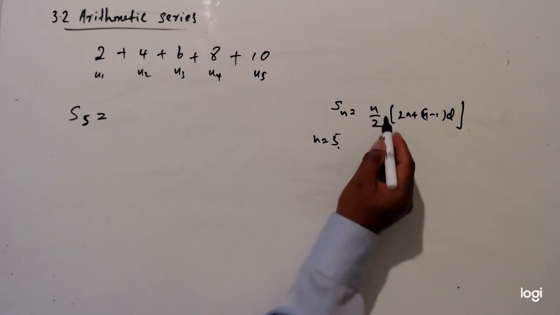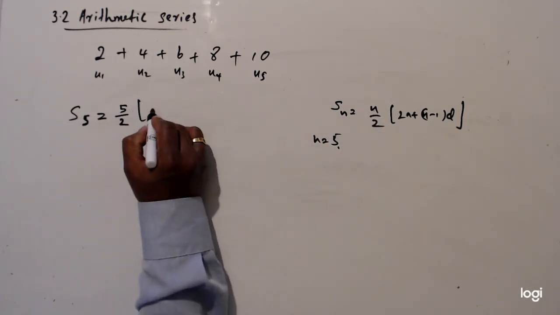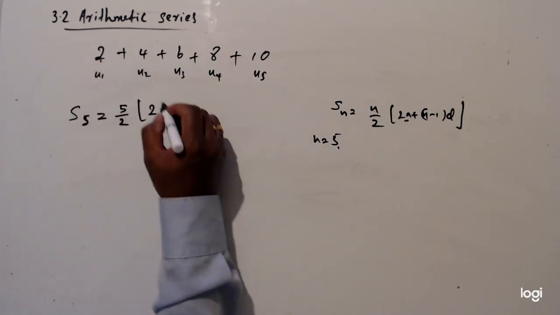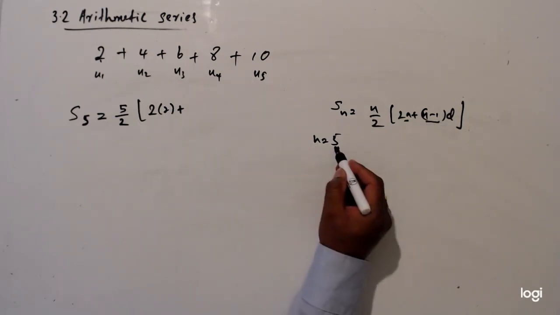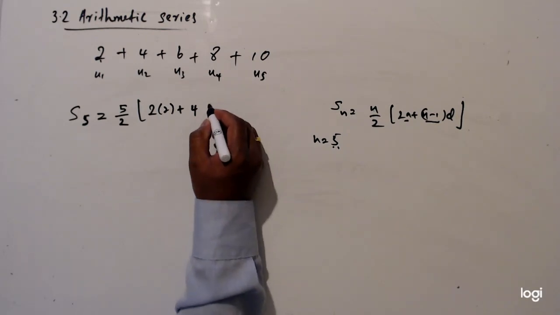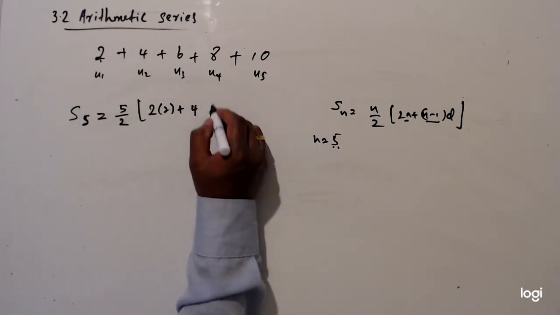So S5 equals 5 divided by 2, 2 times a, the first term, which is 2, plus n minus 1, where n is 5, that is 5 minus 1, 4, and d is 4 minus 2, which is 2.